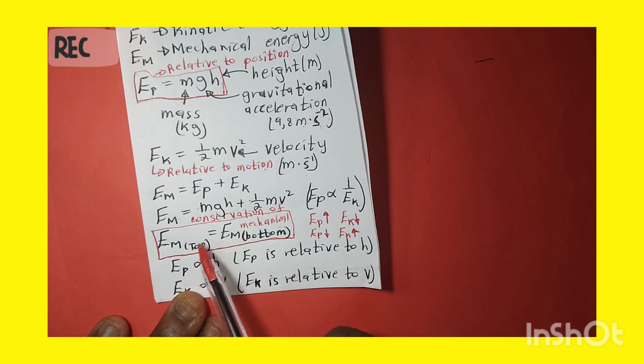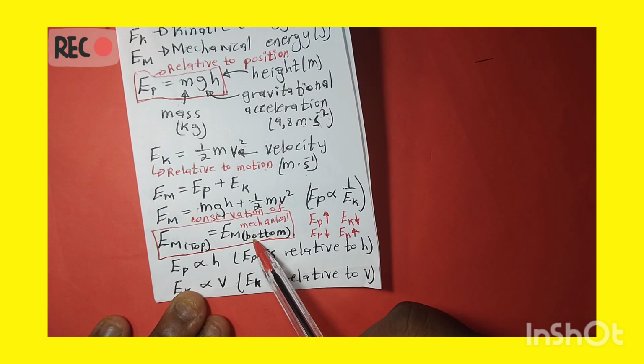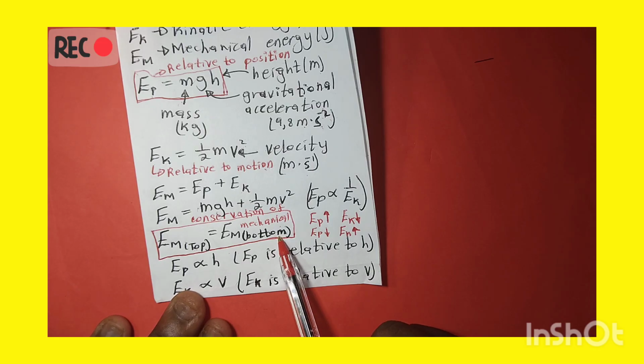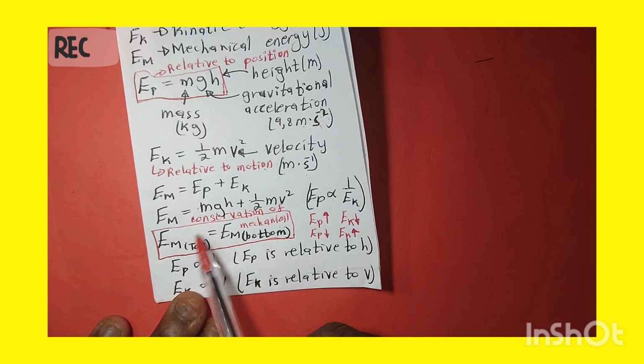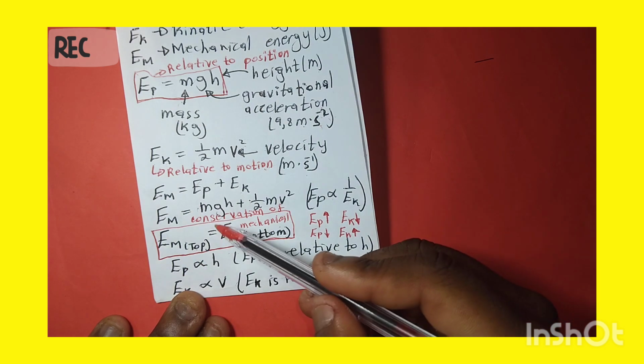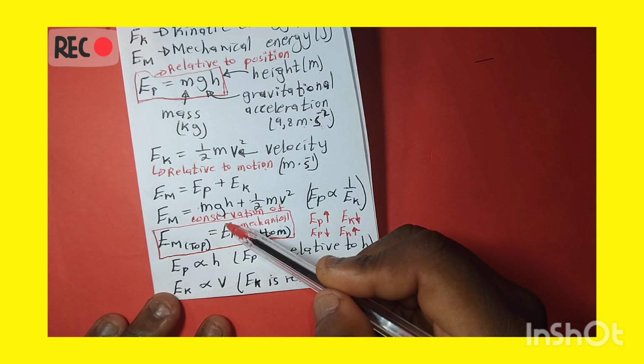It means that mechanical energy at the top will be equal to the mechanical energy at the bottom. Yeah, all the time during a motion, mechanical energy, guys, should be equal. Do you understand? It should be equal so that energy there can be conserved. Conservation of mechanical energy means that energy there is conserved, guys.